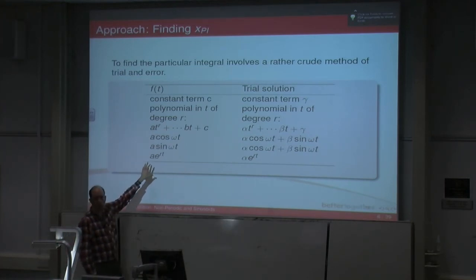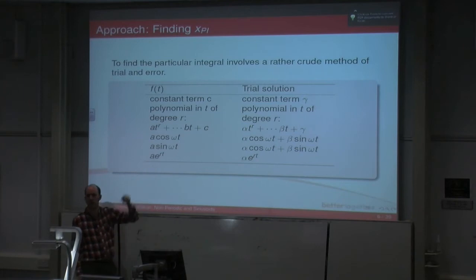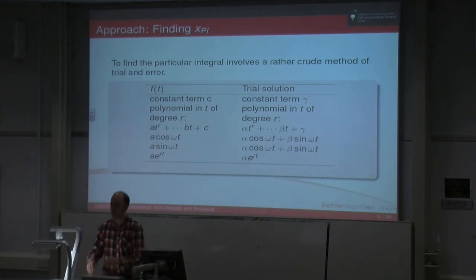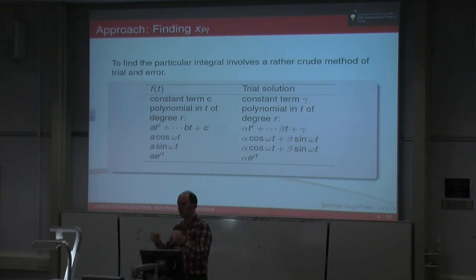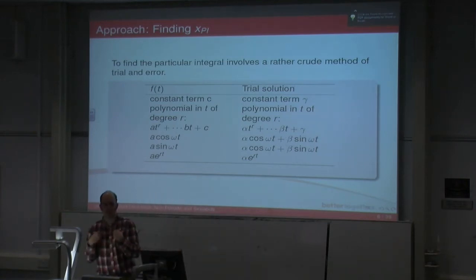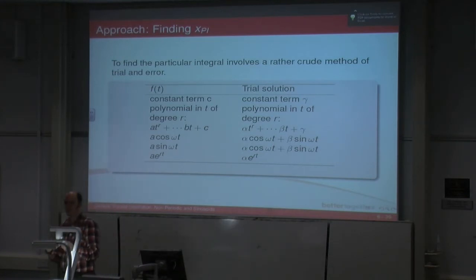With a bit of knowledge, this table, you can work it out, because basically the forcing function will give you an indication of what the trial solution should look like. And the reason that works is that, as we said back last week or the week before last, if you start forcing a system with a forcing function that you impose, eventually that system is going to follow what you impose.